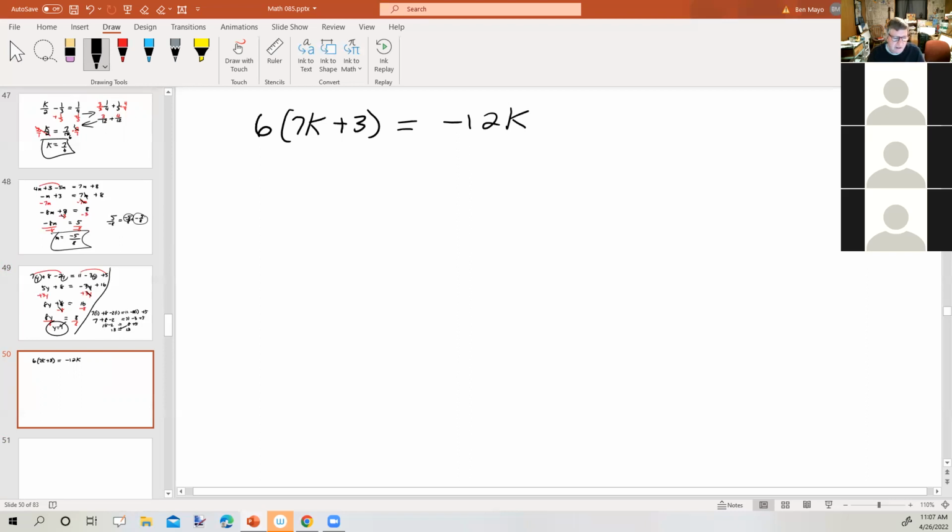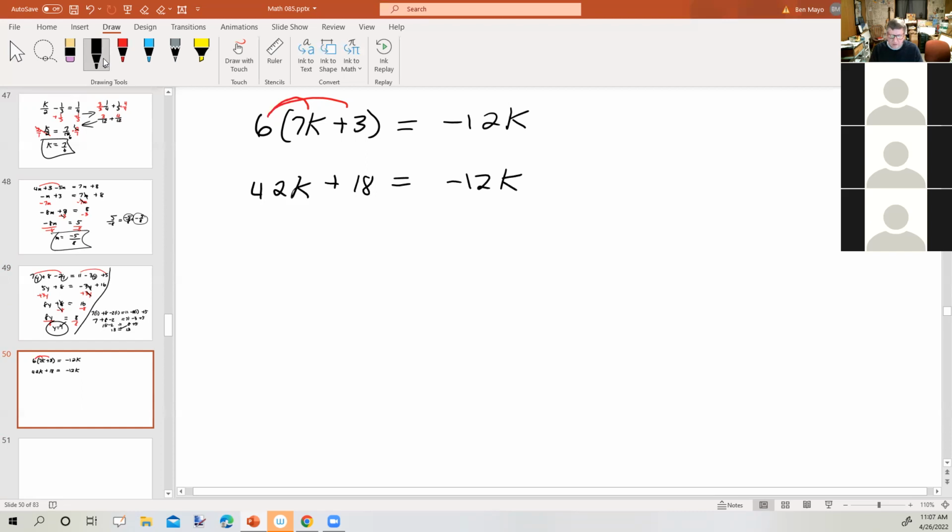So I can't do anything to simplify inside the parentheses. I'm forced to distribute. So I'm going to take 6 times 7k, which is 42k, and then plus 6 times 3, which is plus 18, equals negative 12k. Any questions there?